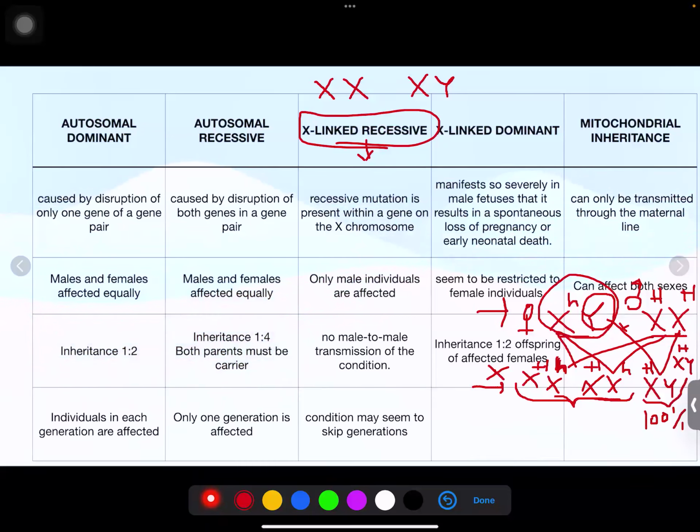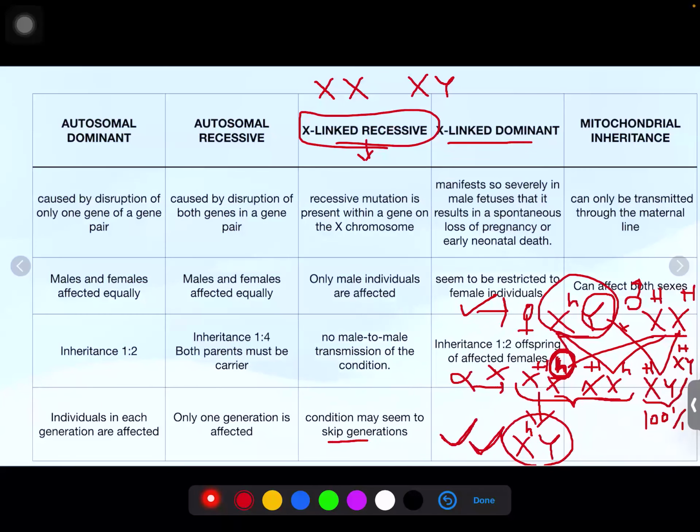Again, this carrier female will pass on this gene to her son, because she has this small h, and whenever this small h combines with the Y chromosome, her son will have the disease. So it means skipped generation. One generation has the disease, the daughter does not have the disease, the grandson will have the disease. Okay, so this is the pattern of X-linked recessive disease and skipped generations.